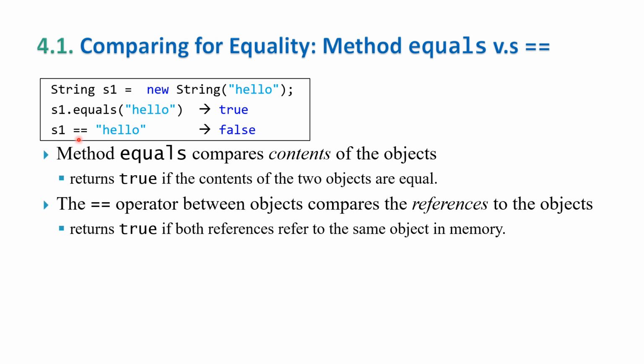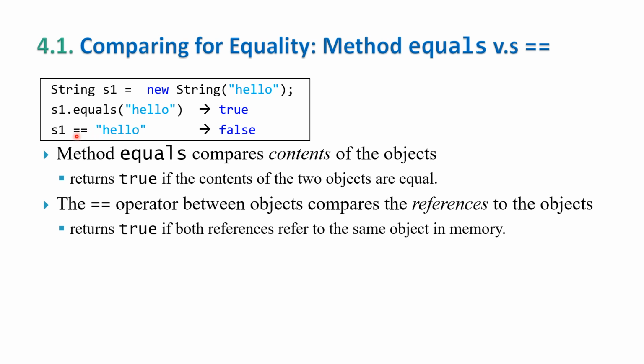In contrast, the equality operator == between two objects compares the references to the objects and returns true if both references refer to the same object in the memory. When two separate objects are compared using the == operator, the result will be false even if they contain the same values.